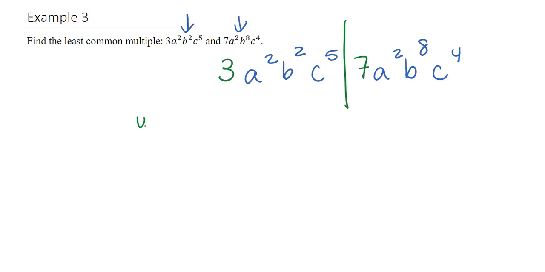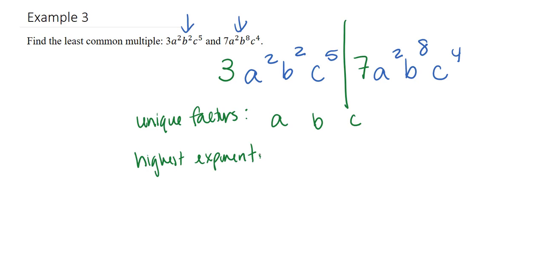Let's find the unique factors. If we look, we have just A, B, and C. And what's the highest exponent that we'll take of those? If we look at A, notice that both are A squared. So we're just going to take A squared.